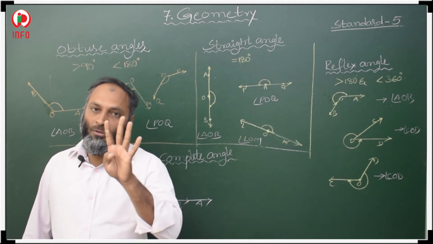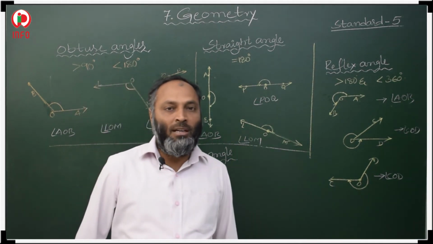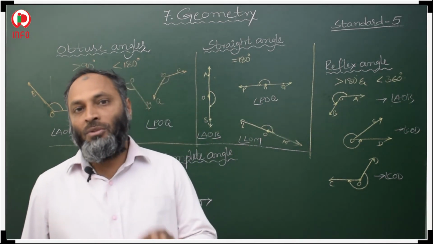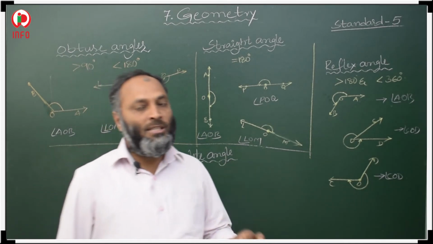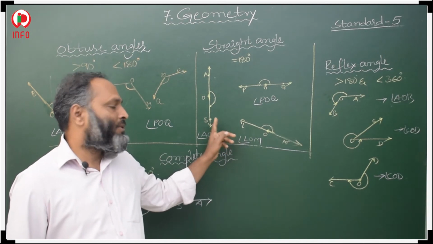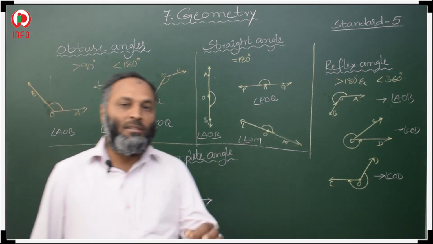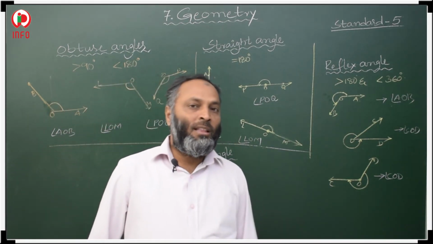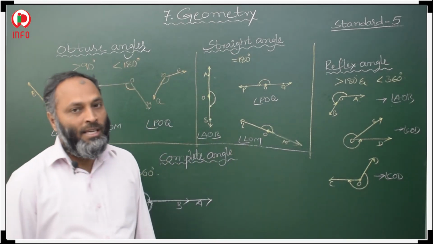Then the fourth one, straight angle. If the angle between the two rays is 180 degrees, then that is a straight angle. A straight angle is always 180 degrees. Then after that, reflex angle.